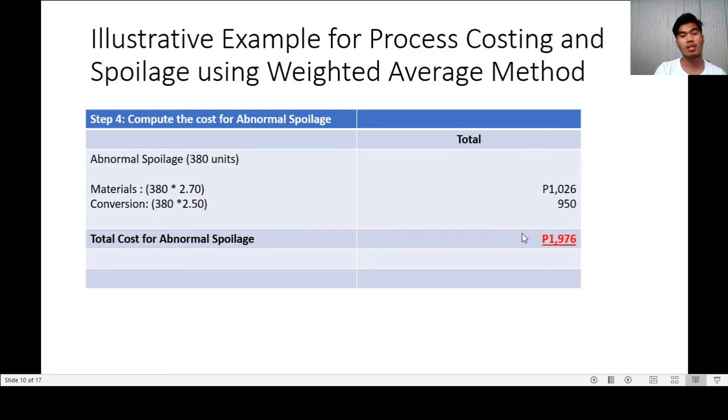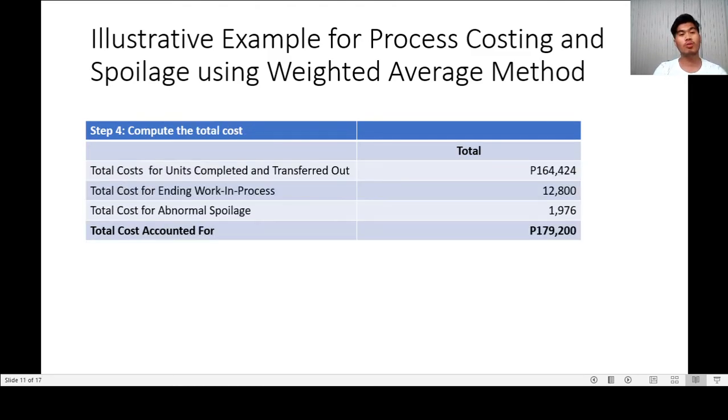So our total abnormal spoilage is 1,976. So, let's account for everything. This is our computed total cost. The cost of units completed and transferred out, 164,420. Let's recap. The ending work in process, 12,800. And then the total cost of abnormal spoilage is 1,976.